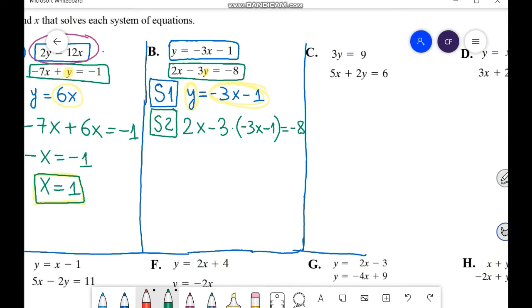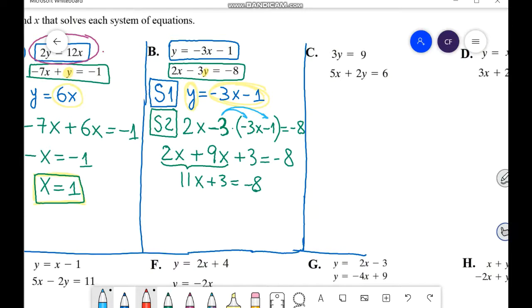Now apply the distributive property and simplify: 2x, negative 3 times negative 3x is positive 9x, and negative 3 times negative 1 is positive 3, equals negative 8. Combine like terms: 2x plus 9x is 11x, plus 3 equals negative 8. We concluded step number 2.